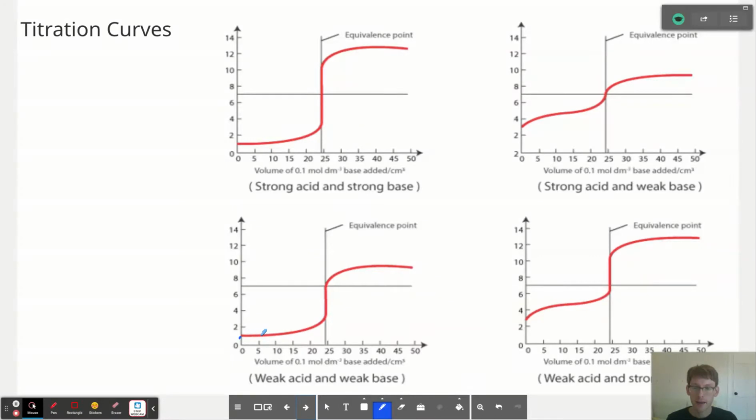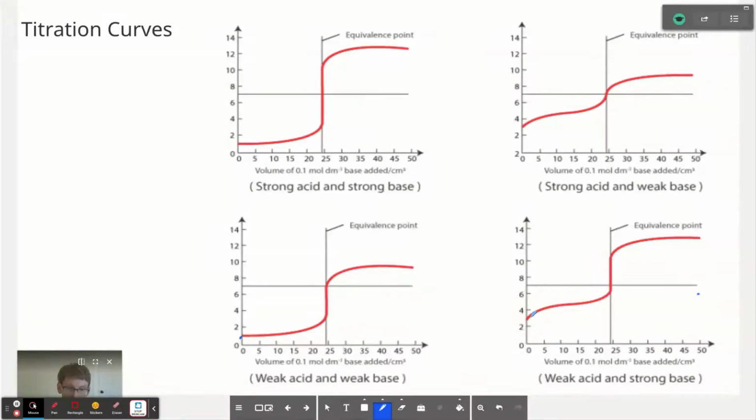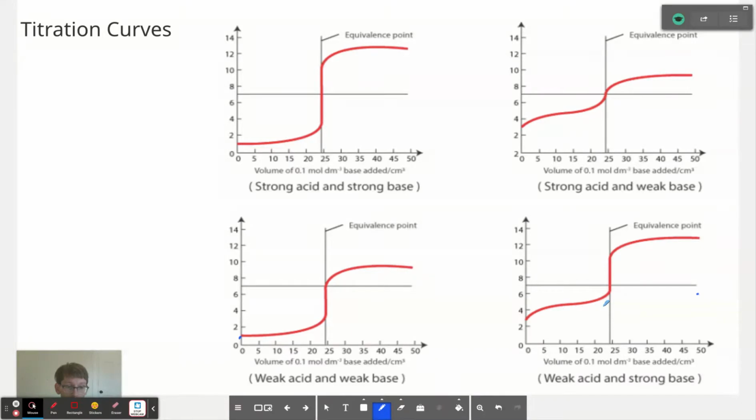And if we add base, well, oh, sorry, this is weak acid, weak base. Sorry, we should be up here. So we have an initial pH of 3.5-ish. We add base, and the pH goes up.